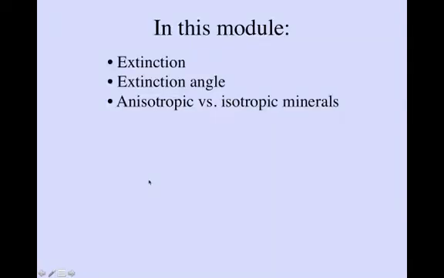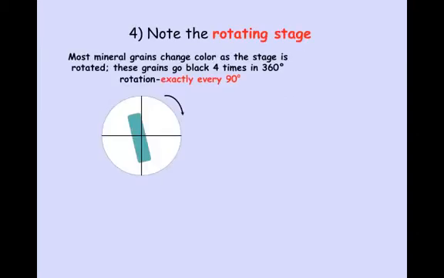This module is going to deal with extinction angle, and anisotropic versus isotropic minerals. When you have a thin section on your stage and rotate the stage, you'll notice that most mineral grains change color as the stage is rotated, and that the grains go black 4 times in 360 degrees of rotation, exactly every 90 degrees, like this.